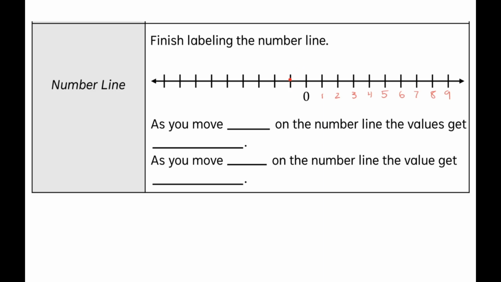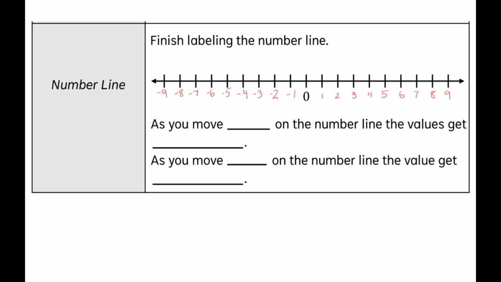If this is 0, this is -1, then -2, then -3. Label these with me. We have -1, -2, -3, -4, -5, -6, -7, -8, and -9.